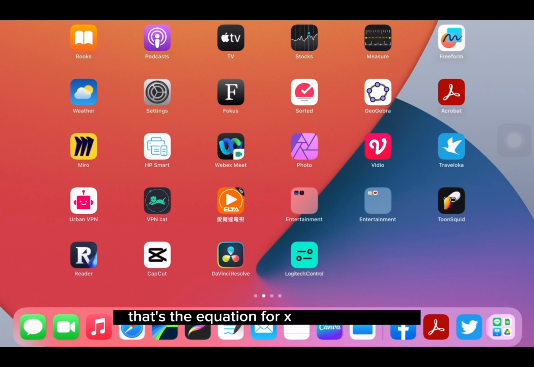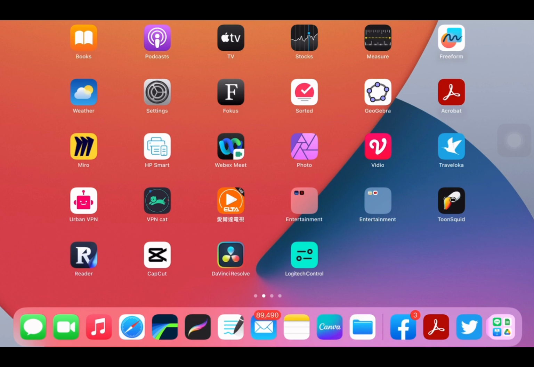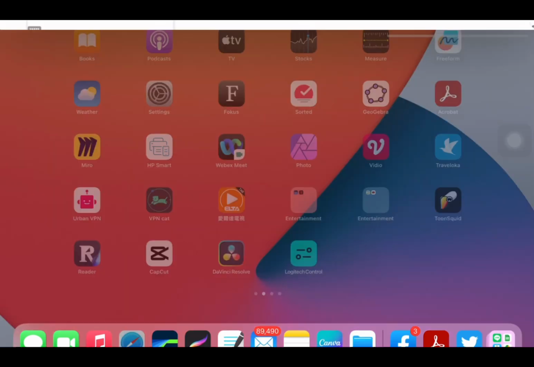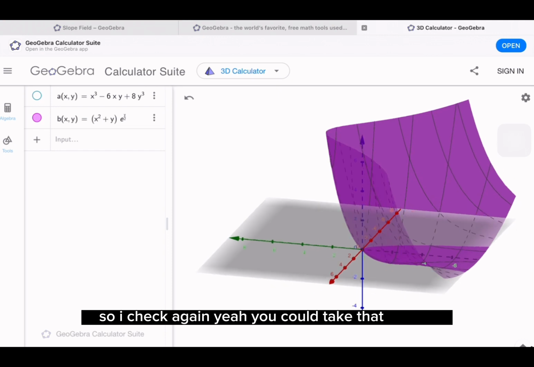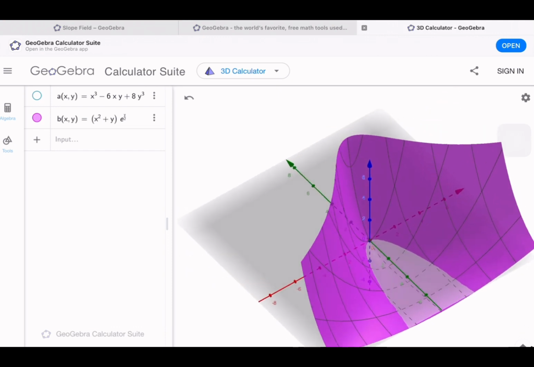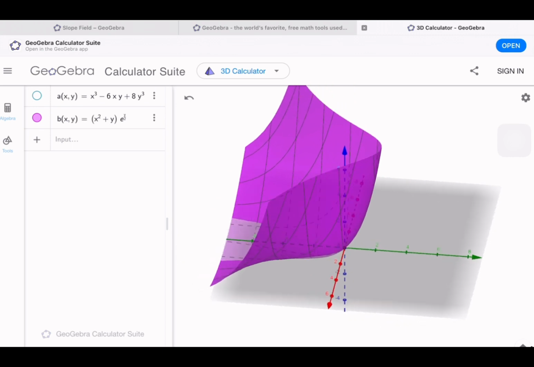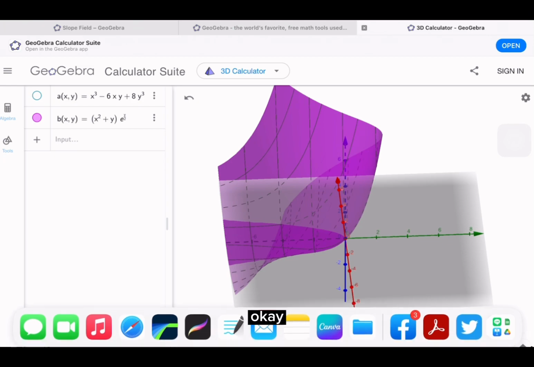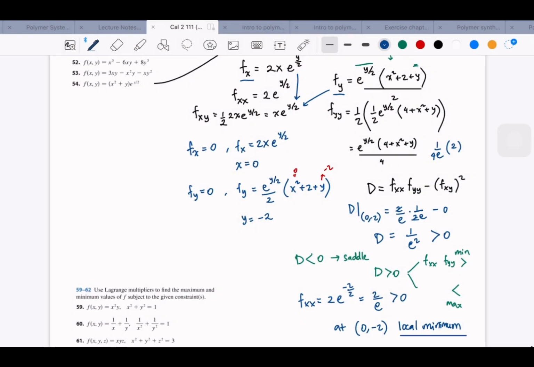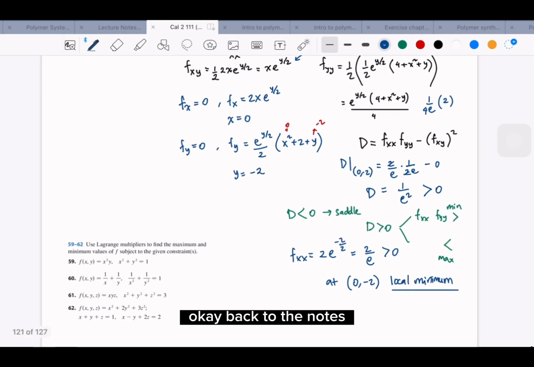Is the equation correct? But you can do the same thing with your GeoGebra. So you could take that. Let me check again. Yeah, you could take that as well. Okay, back to the notes.